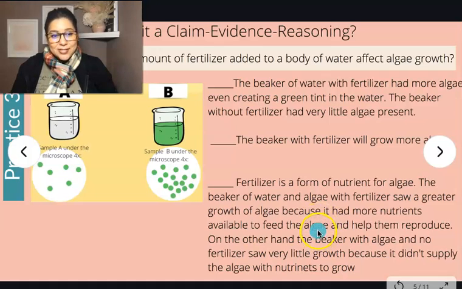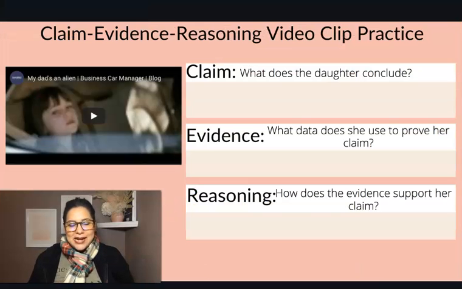The third statement is a perfect example of your reasoning, right? Explaining how the fertilizer affected the algae and caused more of it to grow. So I hope that this practice helped you understand claim, evidence, and reasoning a little bit better. But again, the more practice you get, the better you're going to be at this.